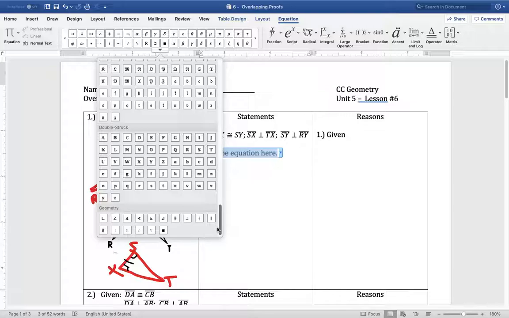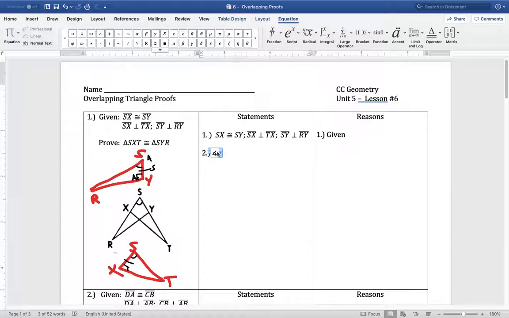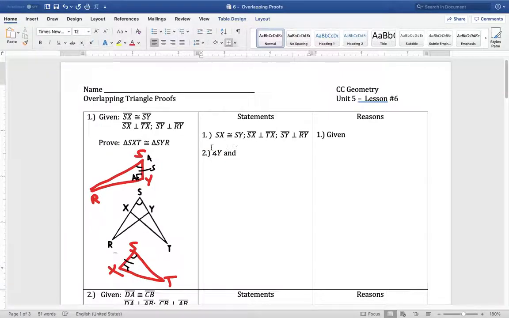Angle Y and angle X are right angles. So anytime you get perpendicular, you want to say that the angles are right angles.